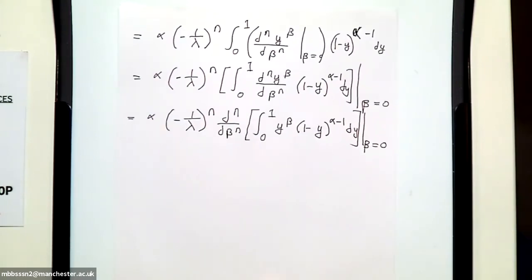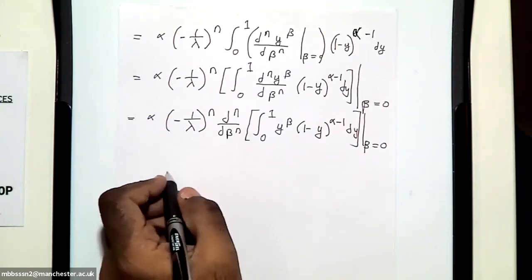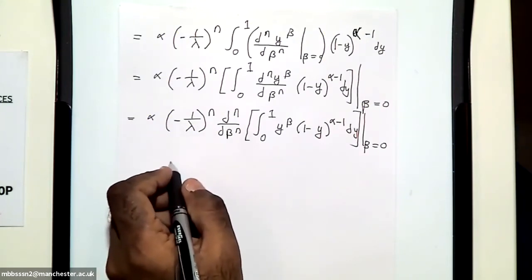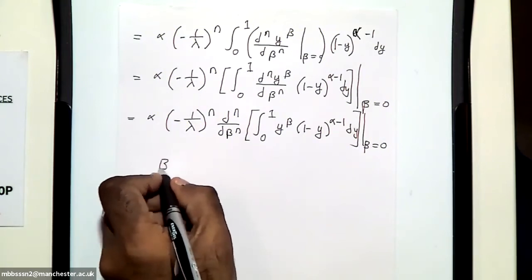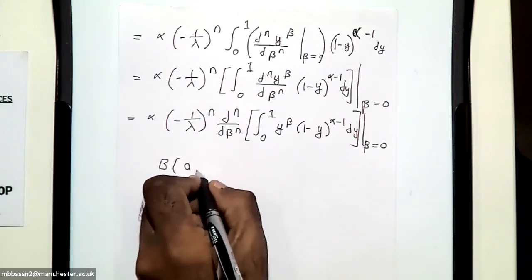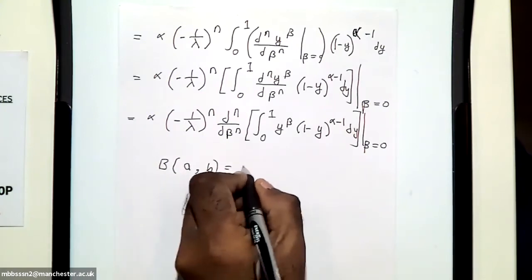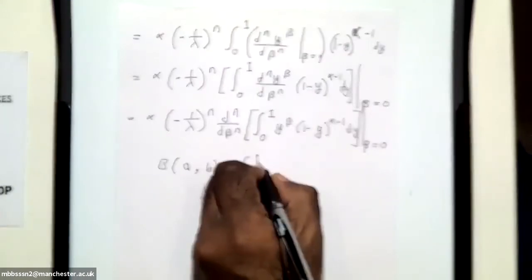All right, and in the final step, I'm going to use another fact. I think you should go to the course website. There's a video on something known as the beta function, which is defined like this.